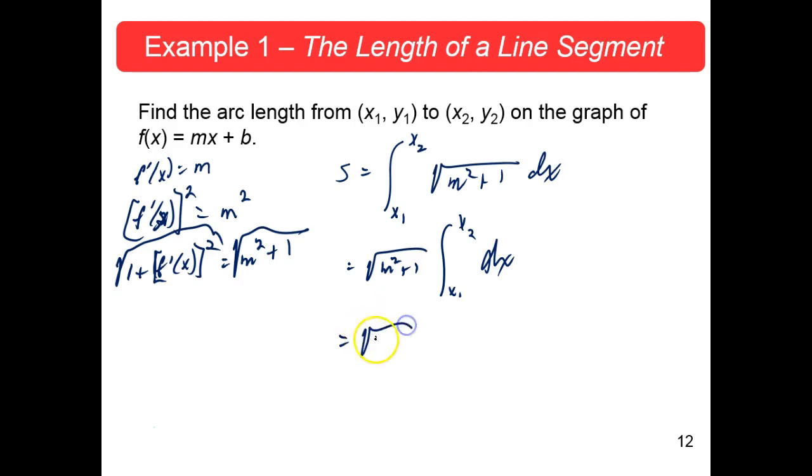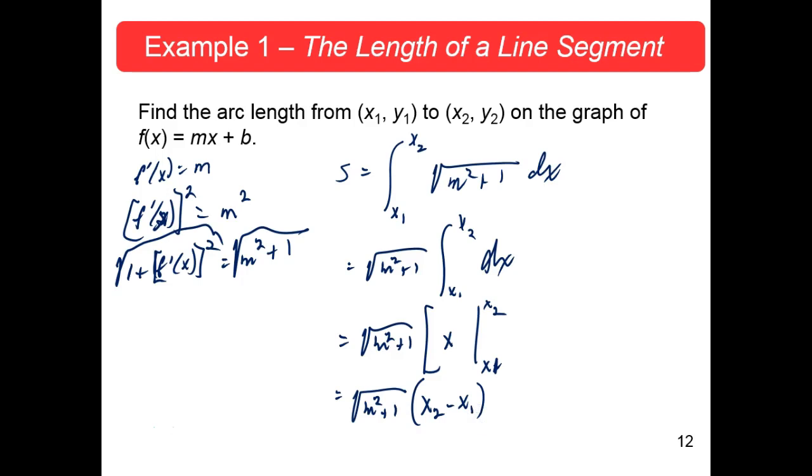So this is the square root of m squared plus 1 times x, evaluated from x1 to x2. And that would be x2 minus x1.